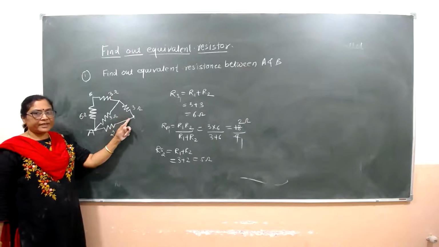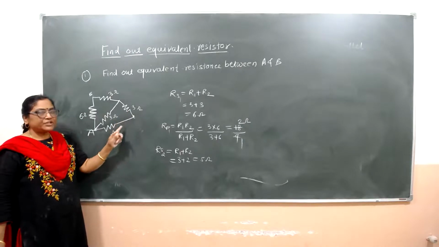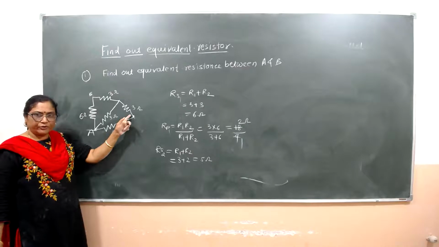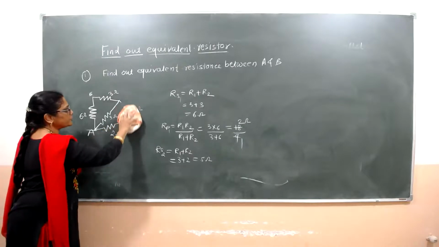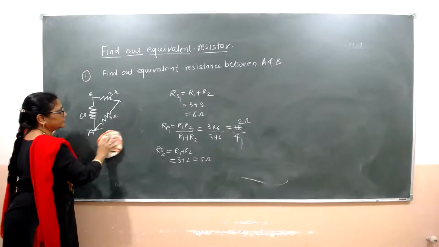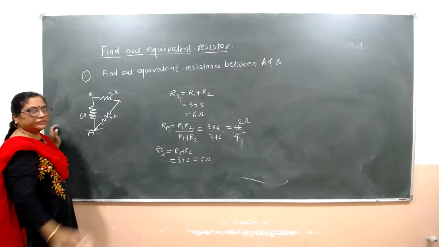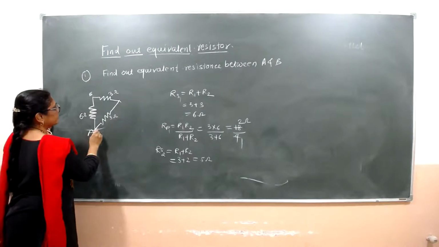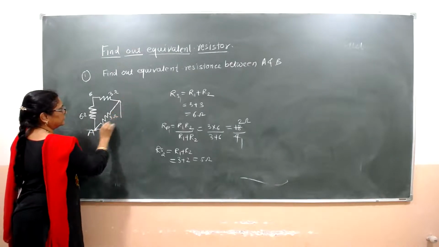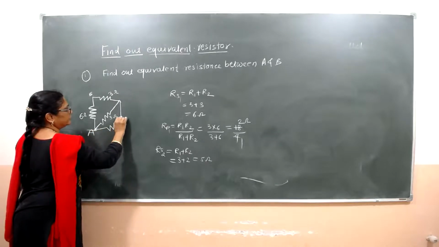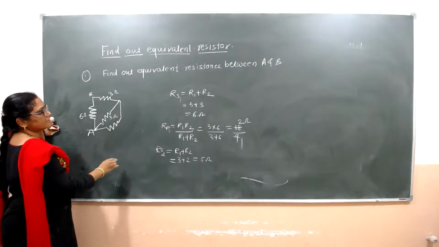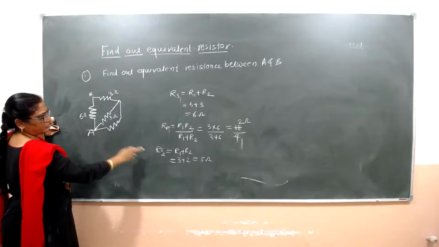Then again simplify that. 3 plus 2 is equivalent to 5 ohm. Then remove these two resistors. There is one resistor, and the value of that resistor is 5 ohm.